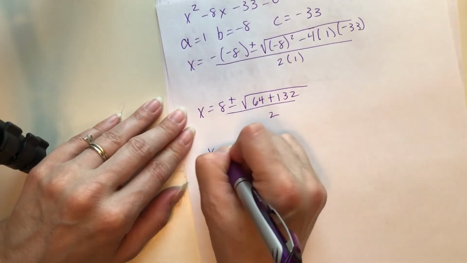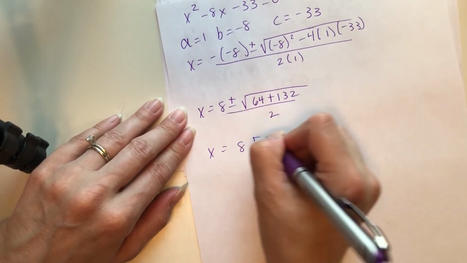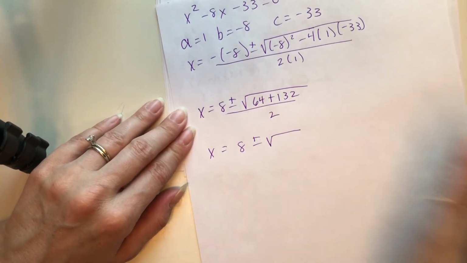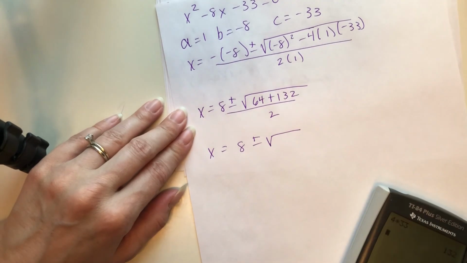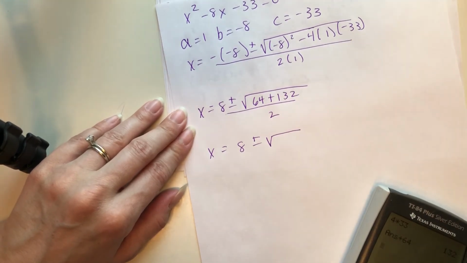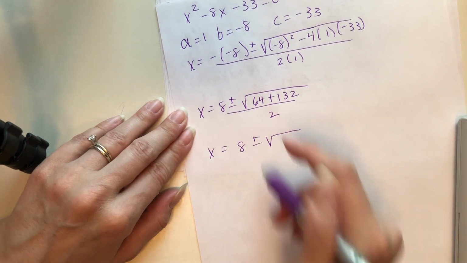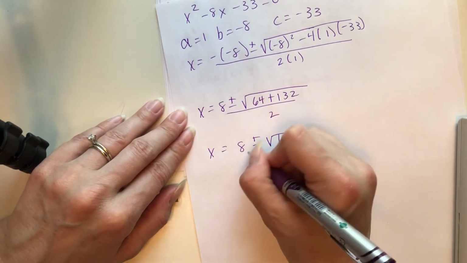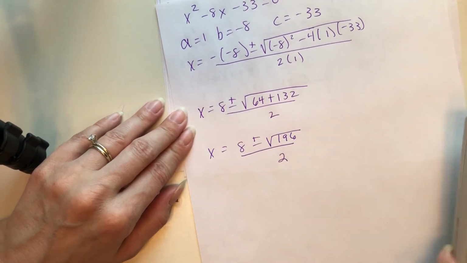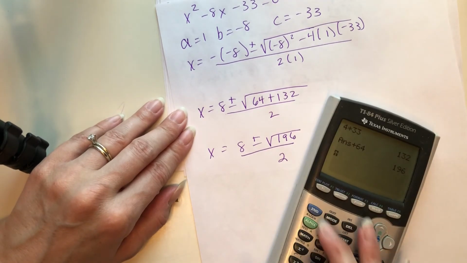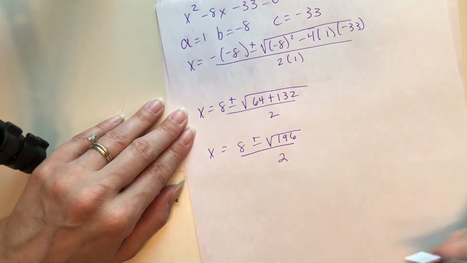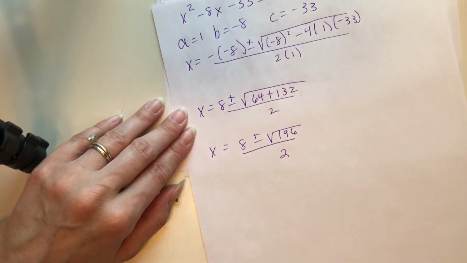So x equals 8 plus or minus the square root of 132 plus 64, which is 196. All over 2. Okay, let's see if 196 is a perfect square. The square root of 196 is 14.